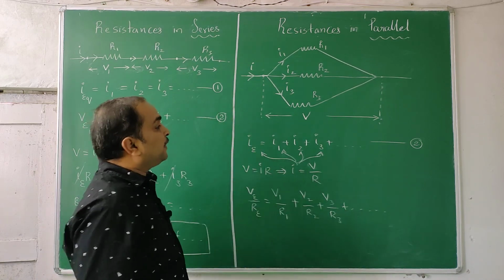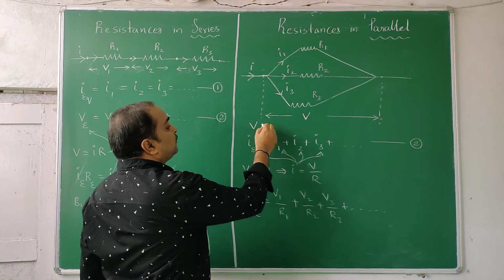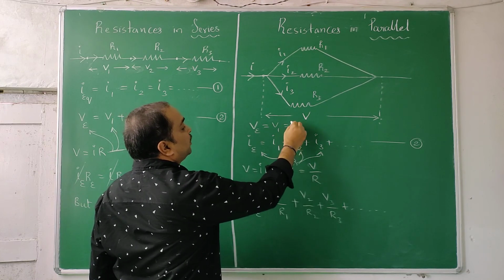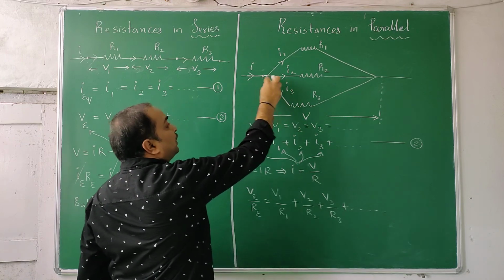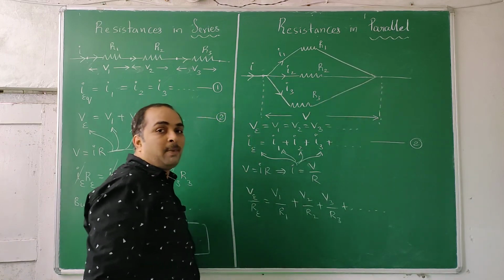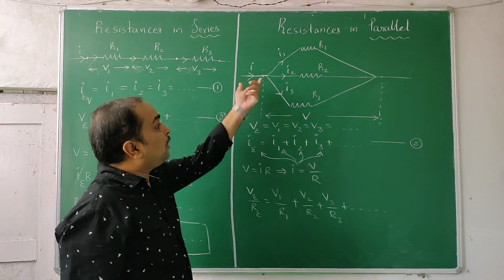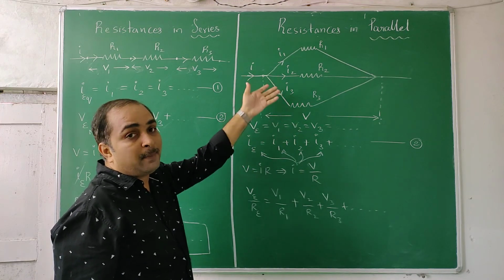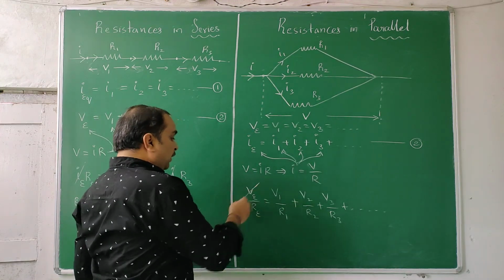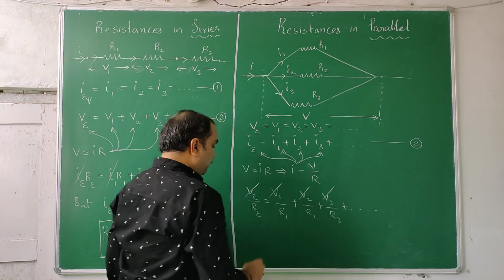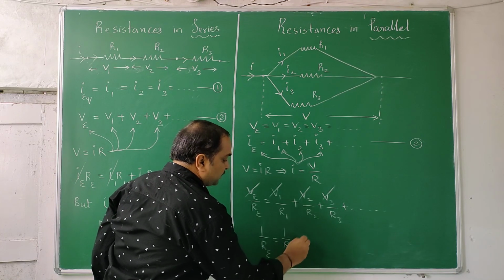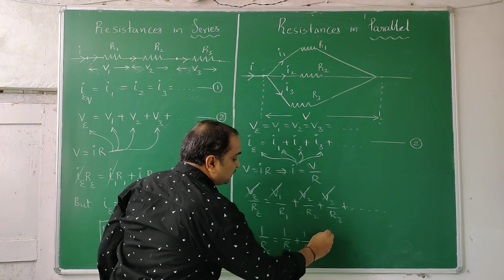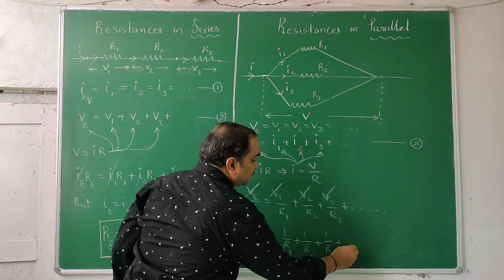And just before this we wrote equation 1, that is V equivalent is equal to V1 is equal to V2 is equal to V3, like that. The points of connection to the battery are the same, so the battery gives equal potential difference to all of them. Maybe currents may be different. So V equivalent is common for all of them, you cancel it off. 1 by R equivalent is equal to 1 by R1 plus 1 by R2 plus 1 by R3 plus so on.